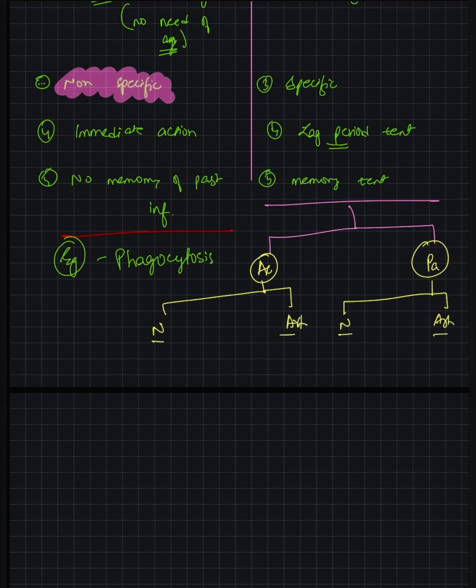Now what can be the examples of natural active acquired immunity? It means it can be some sort of infection. And artificial active acquired immunity, it is vaccine.